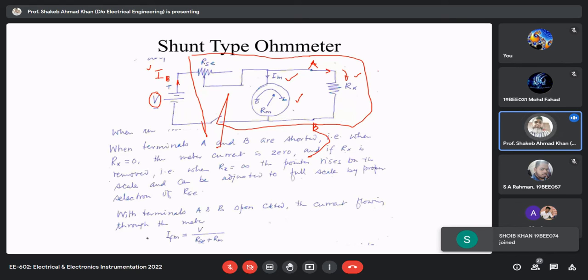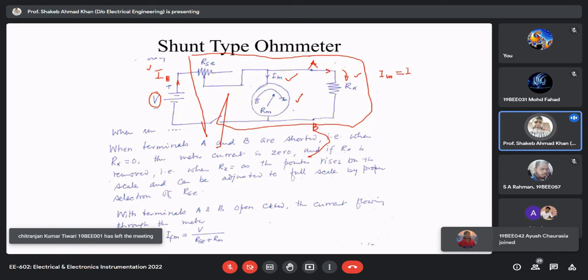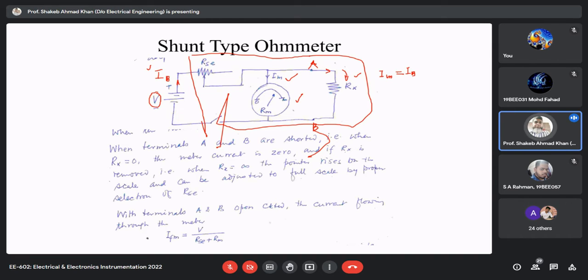So obviously, by the current divider theorem, IM will be equal to the total current, which in this case is the battery current drawn from the battery, into the resistance of the other branch, that is Rx, upon Rx plus Rm.